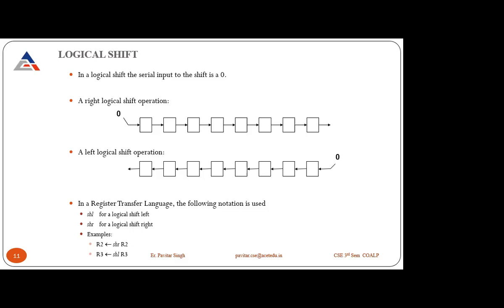Suppose you are going to perform a right logical shift on the R2 register. It will be denoted with SHR. Similarly, for SHL, your register is R3. SHL means left logical shift, and SHR means right logical shift.